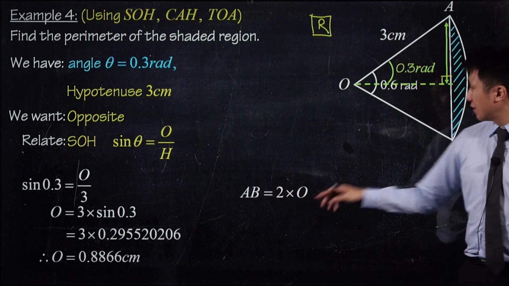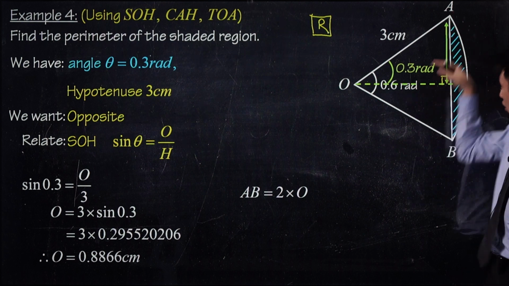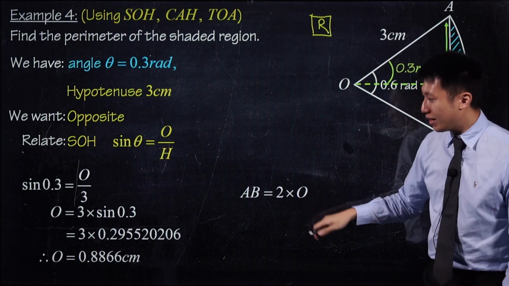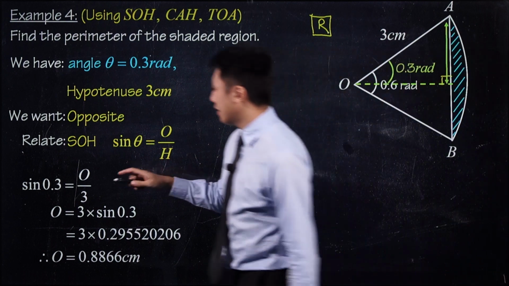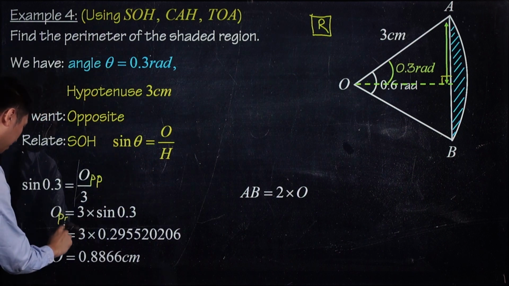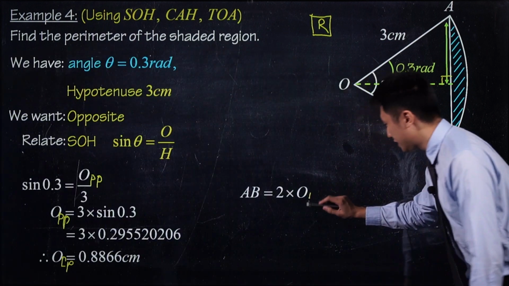AB is two times the opposite. This O is a little bit of abuse of notation, so this is opposite. So this one I write opposite here.